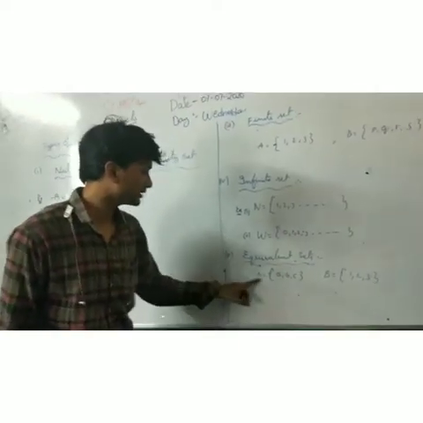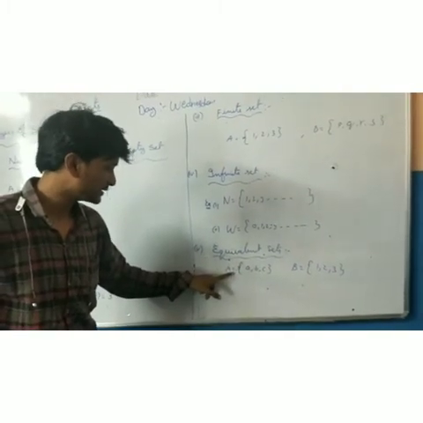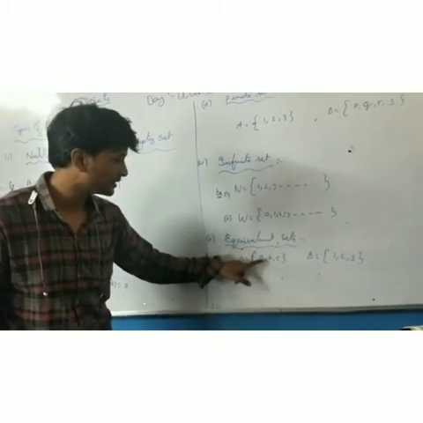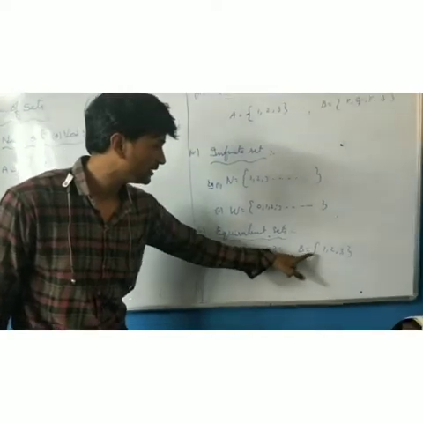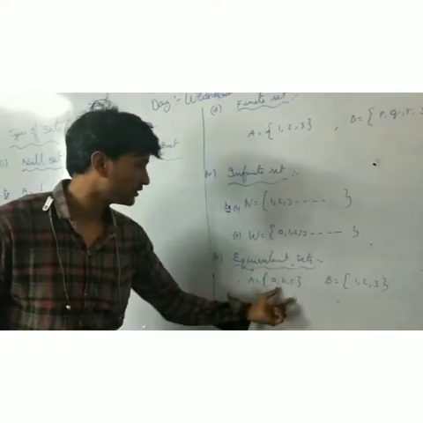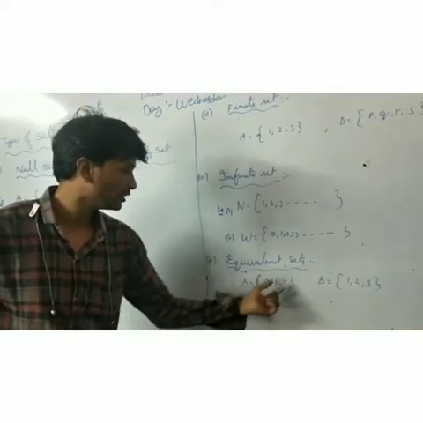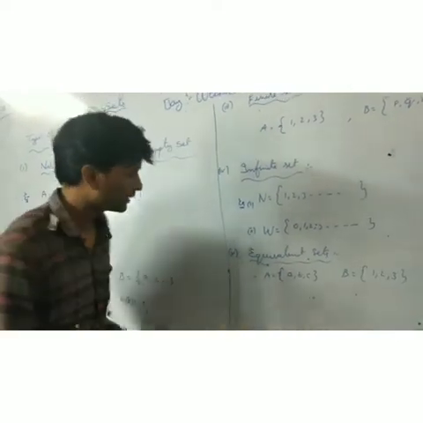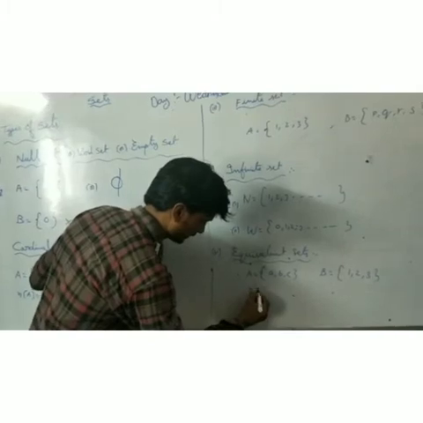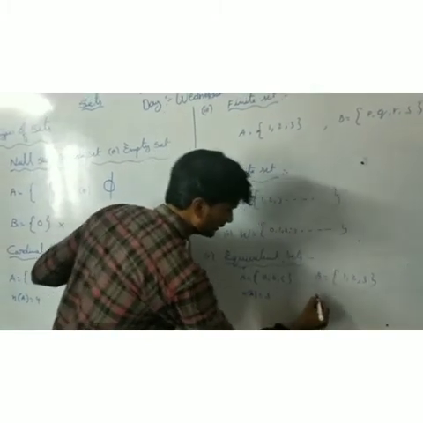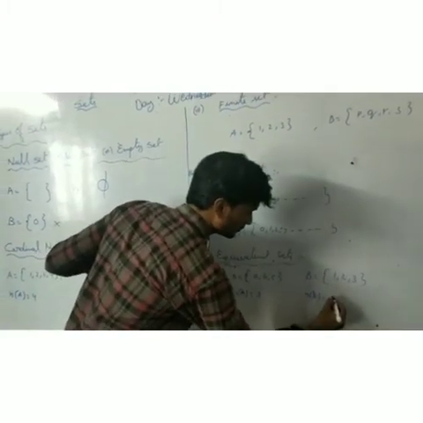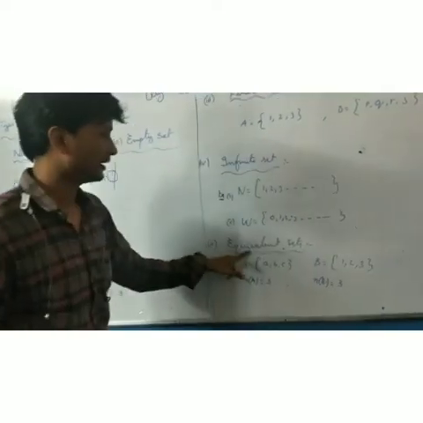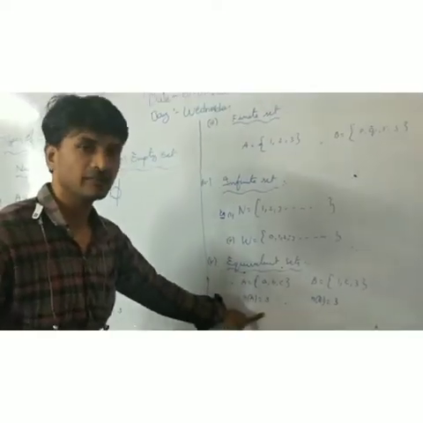Equivalent sets means set A containing 3 elements a, b, c and B equal to 1, 2, 3. For two sets to be said to be equivalent sets, their cardinal number must be the same. Cardinal number must be same means n of A equal to 3, n of B equal to 3 also. These sets are called equivalent sets.